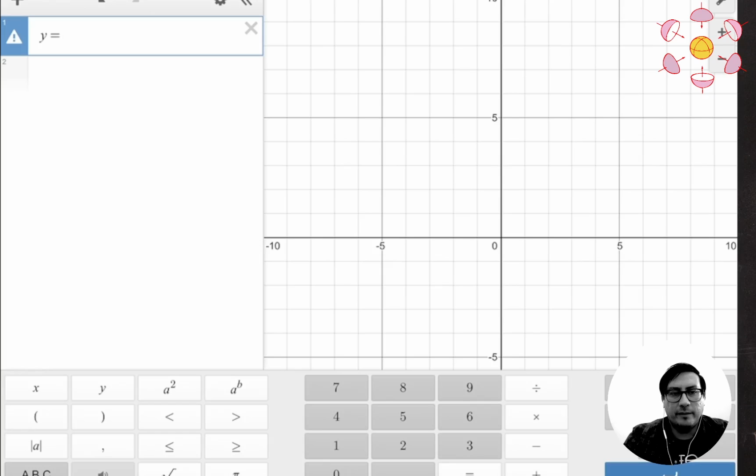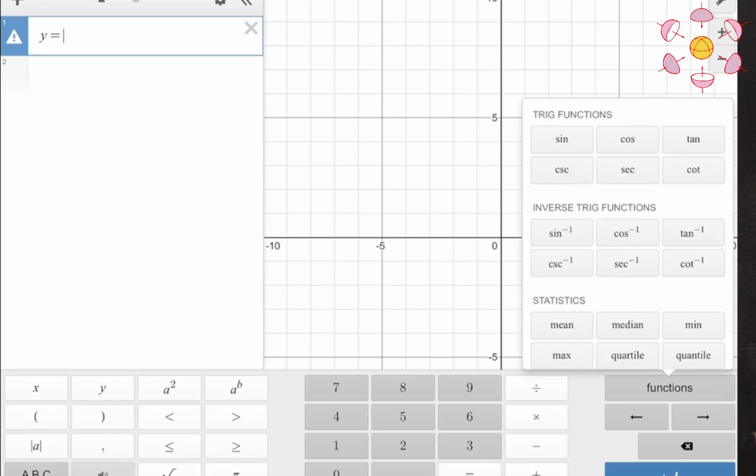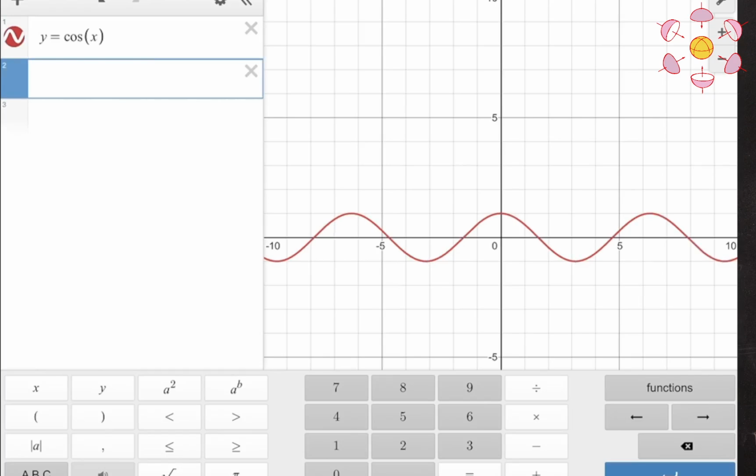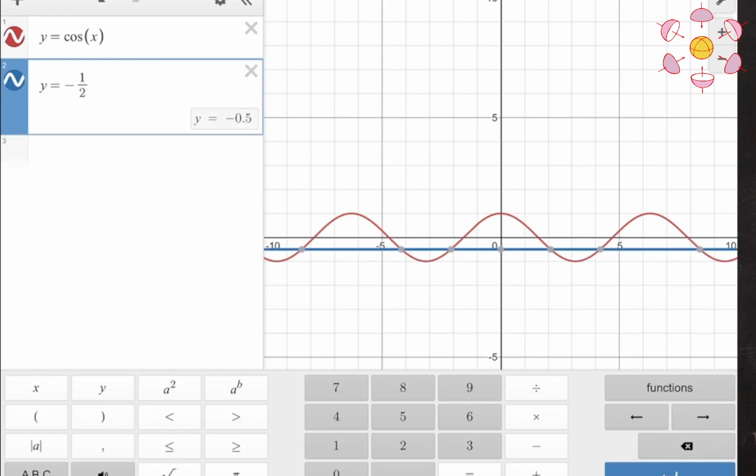Actually, let me hide my bubble so that we can see. Okay, I'm going to click on functions, then click on cosine, and then type x. Okay, there's our cosine, looks nice. And then let's also graph y equals -1 divided by 2.